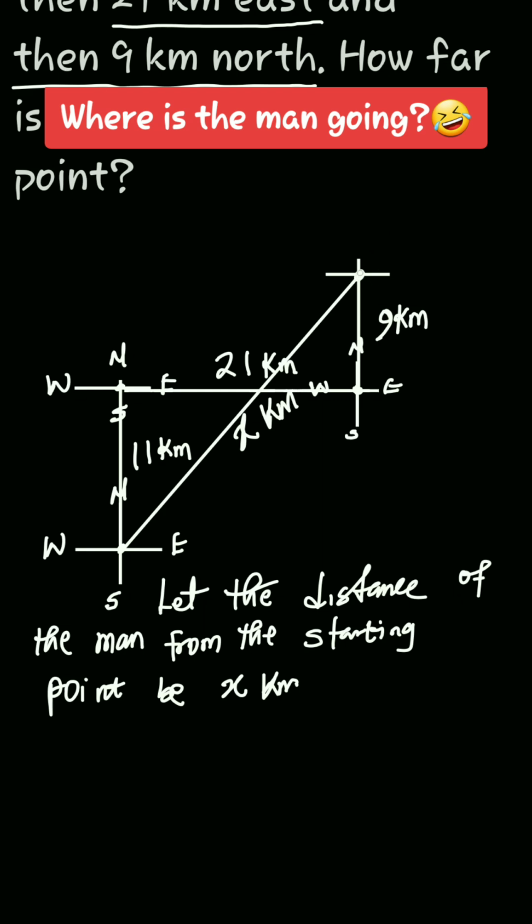Now this is where the man is currently. So let's label all of the points so that it's easier for us to describe. Let's call this point A, where he started from, to point B, to point C, and then let's call this point D. Now, looking at this diagram, we can make a little bit of adjustment so that it makes more sense to us, and then we are able to solve and find this distance.